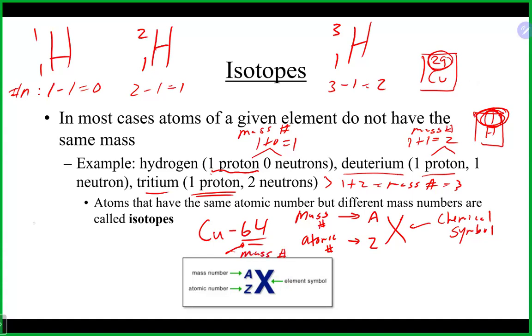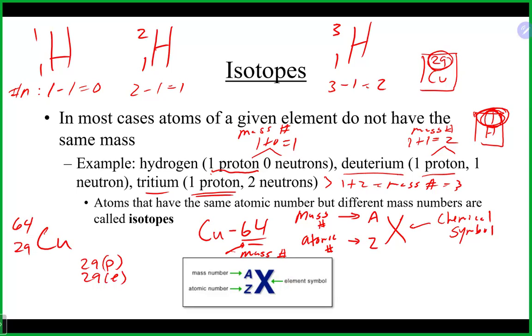That means if my copper 64 is neutral, I would have 29 protons, an atomic number of 29. I would also have 29 electrons if it was neutral because they should balance each other out. And my mass number here would be 64 in this particular case, which means that I could also figure out how many neutrons I have.